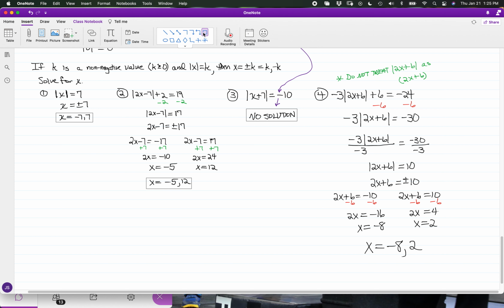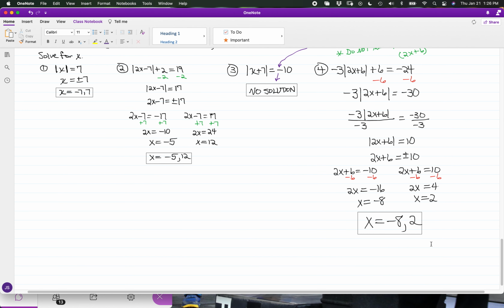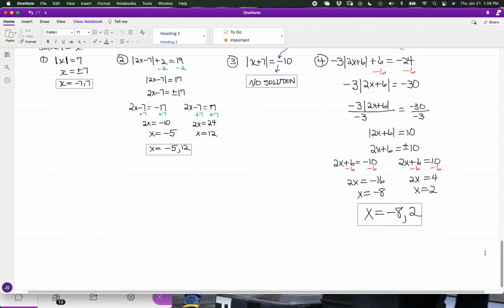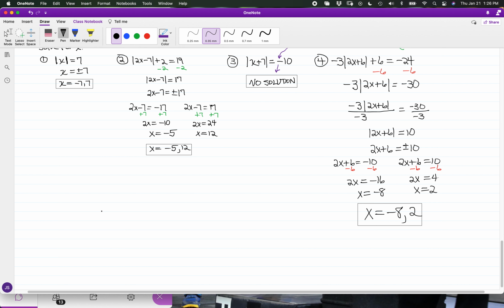And now, let's see what we get. Okay, let's say we have the absolute value of x is equal to 15.